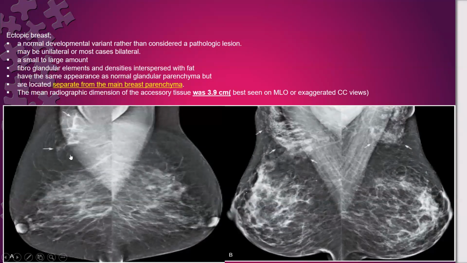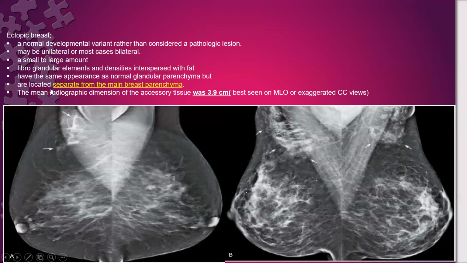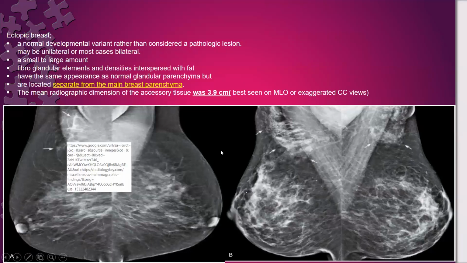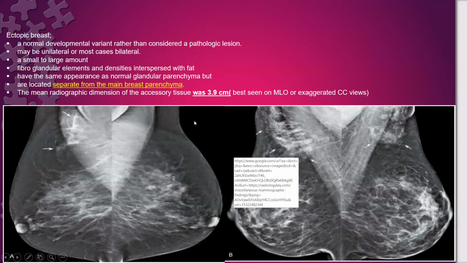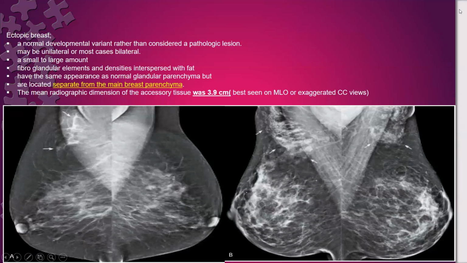The most important thing in calling this an ectopic breast in the axilla is to locate it separately from the main parenchyma of the regular breast. They found that the mean dimension is about 4 centimeters in general, measured in MLO or exaggerated CC view.